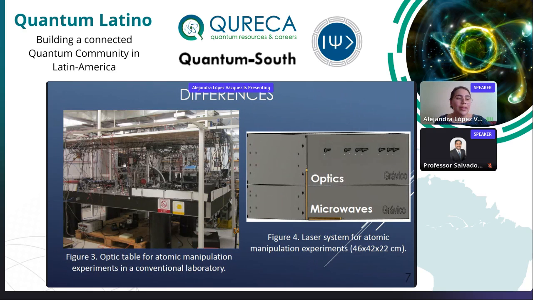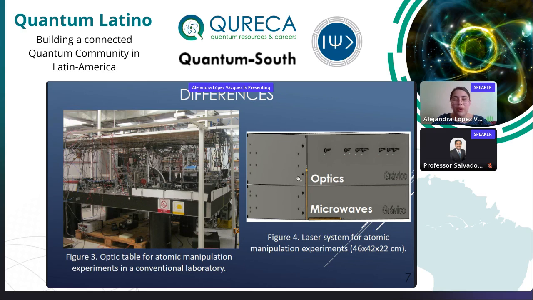Muy bien, entonces pasemos a hablar en específico de este sistema láser, cuya principal característica fue que todo lo que tenemos en un laboratorio convencional, donde se llevan a cabo estos experimentos de gravimetría, pudiéramos compactarlo lo más posible, lo cual logramos.